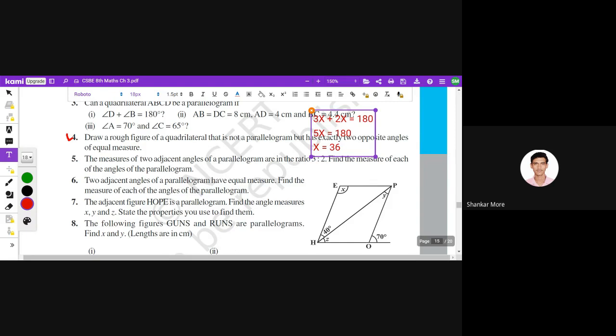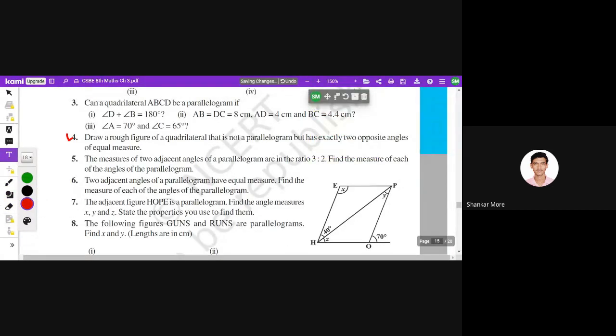Now we have the measure of two adjacent angles, so we can calculate all the angles. Opposite angles are equal. So the angle opposite 108 will be again 108, and the angle opposite 72 will be again 72. So 108, 72, 108 and 72. These are the four angles of that parallelogram. Clear? I hope yes.